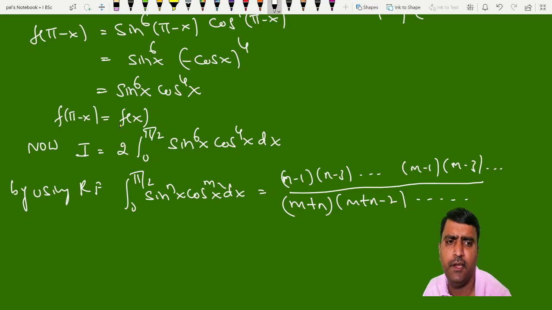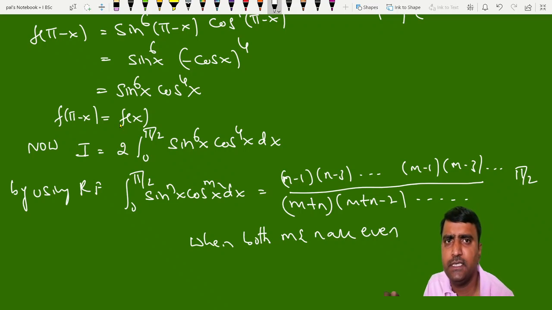Finally we have to take pi by 2, but only when both m and n are even. If either one is not even, it is not necessary to take pi by 2 at the end.